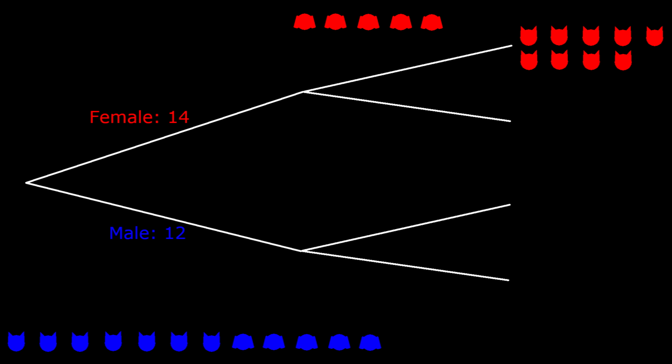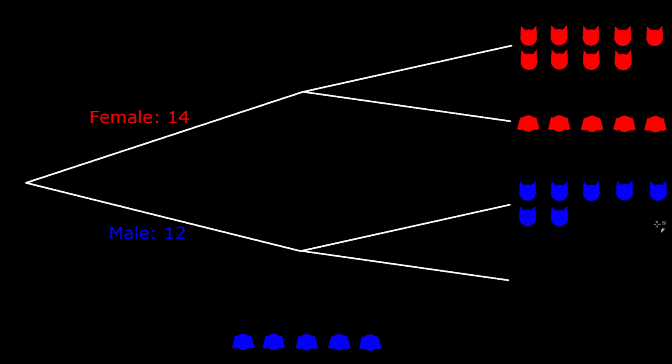And I'll take the cats. There are going to be 9 females that prefer cats. We'll take the dogs. There are 5 females that prefer dogs. We'll take the cats for males. There happen to be 7 males that prefer cats. We'll take the dogs for males, and there happen to be 5 males who prefer dogs. And we'll just basically take those and write them in a very similar way to what we had here.